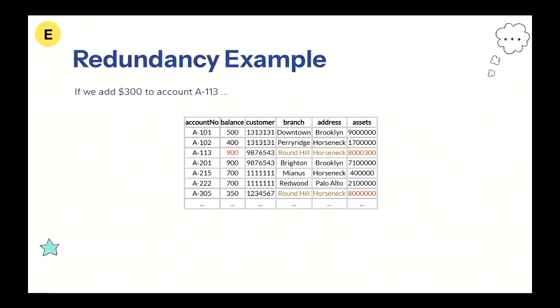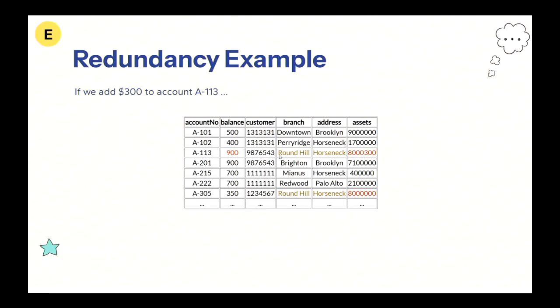And since we are modifying the amount of money for a particular account, we should also update the assets value for the corresponding branch, because the assets is a sum of all the balances related to that branch. So we should also add 300 to the assets here.